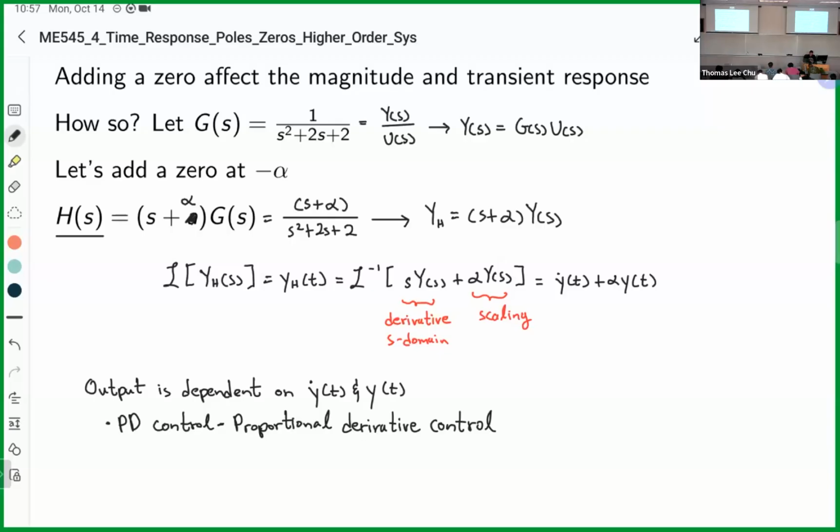So what PD control does is it adds a 0 to your system and it uses the derivative as its feedback.